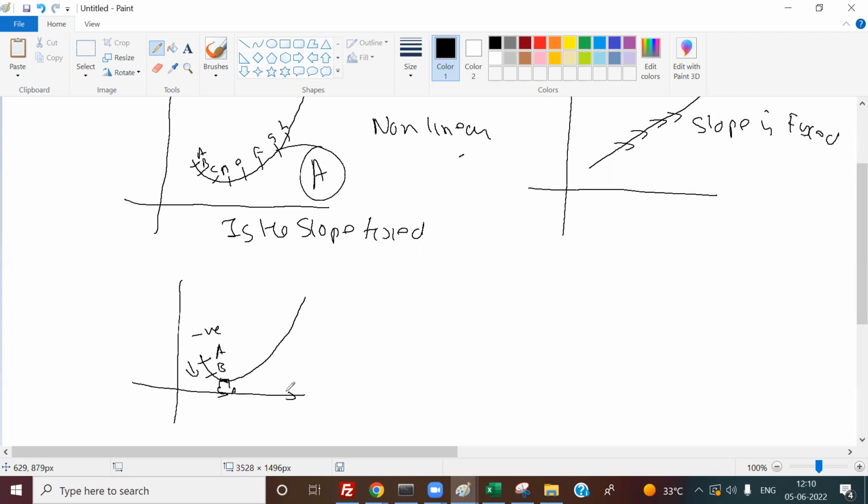Slope is likely to be 0. And then let's say when you move from E to F, then do you notice when x is increasing, then y is also increasing? X ऐसे increase हो रहा है और y ऐसे increase हो रहा है. Then slope is likely to be positive. ठीक है? So at every point you take, slope will keep on changing.